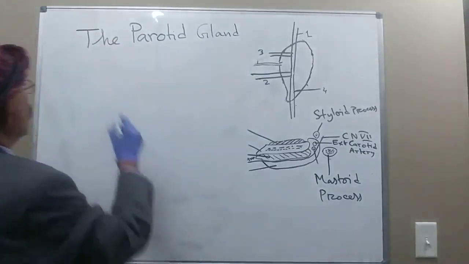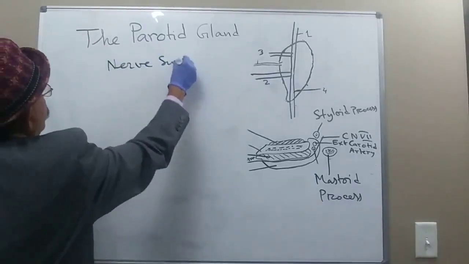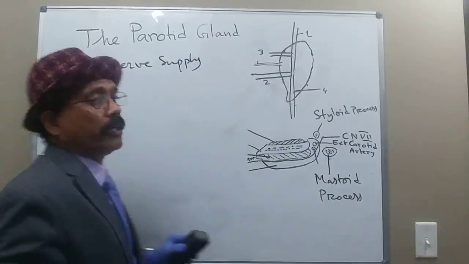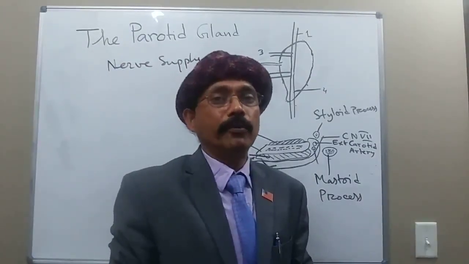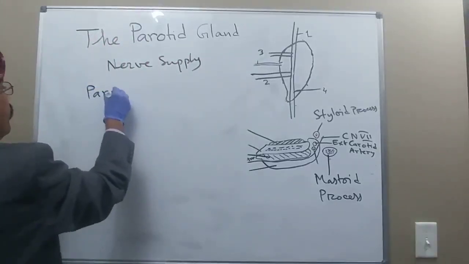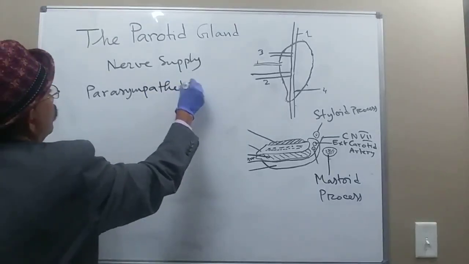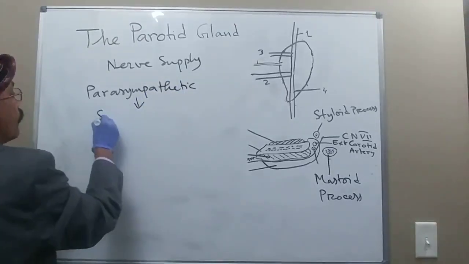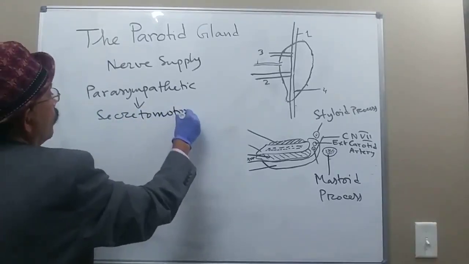Okay, how about the nerve supply? Parotid gland is a salivary gland. It needs secretomotor function. So the parasympathetic is for secretomotor function.